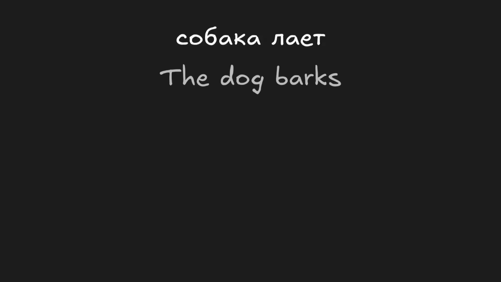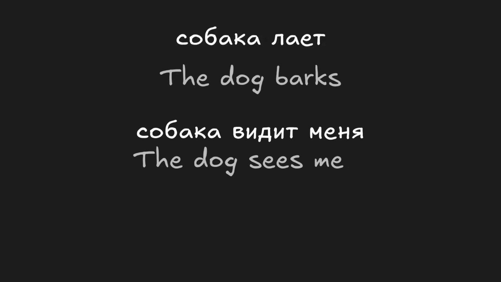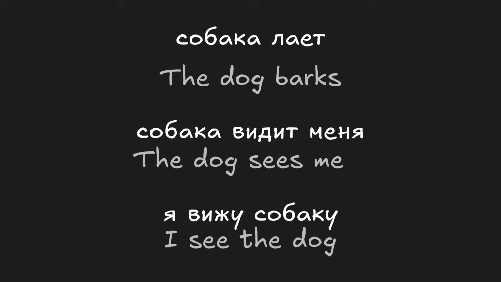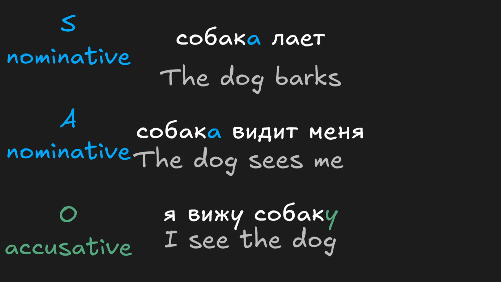The dog barks. Sobaka vidит меня. The dog sees me. Я вижу собаку. I see the dog. With this example, we can see that the word for dog has a different ending depending on its role in the sentence, if it's the object or the subject. While English has a null marker, the example of Russian allows us to see the marking in a slightly more obvious manner.